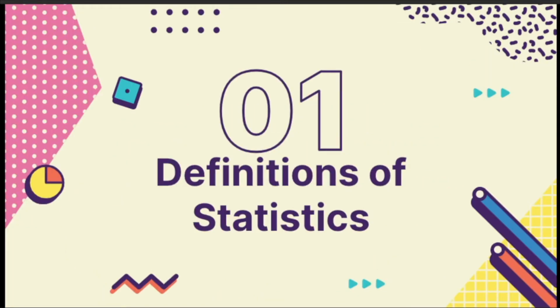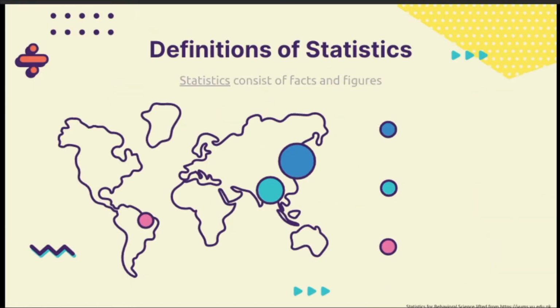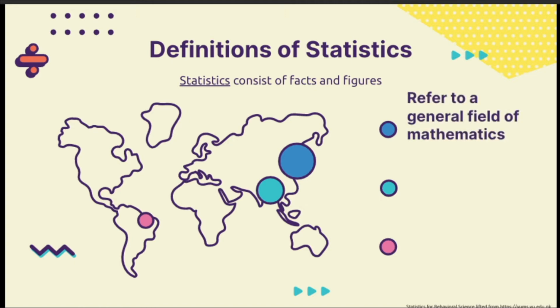Let's define statistics. Statistics is a branch of mathematics. It's a general field of mathematics and it has facts and figures. It's summarized and evaluated research that results in the behavioral sciences.